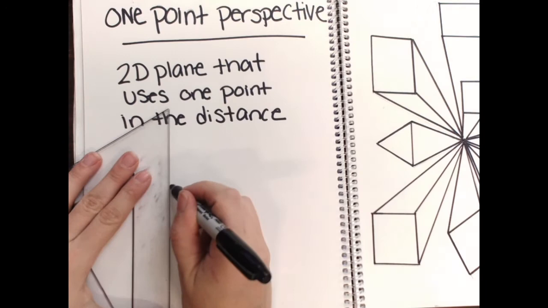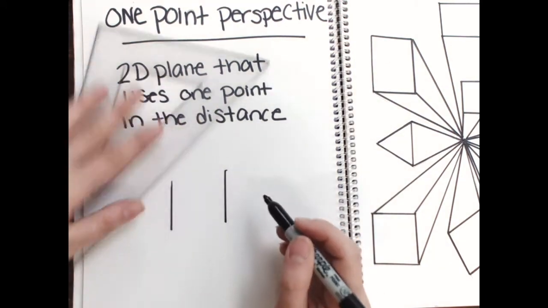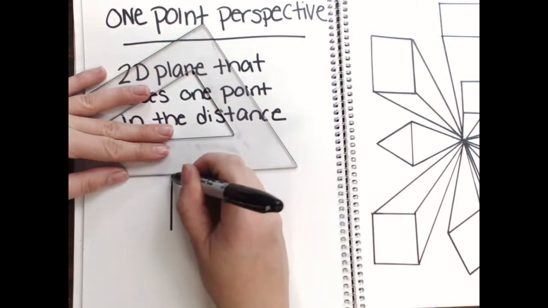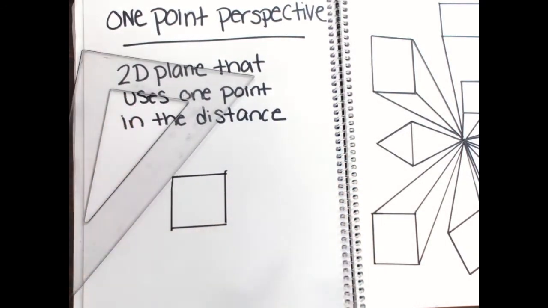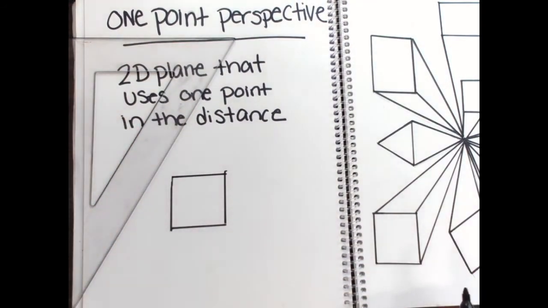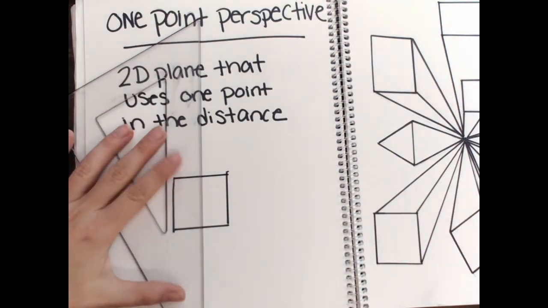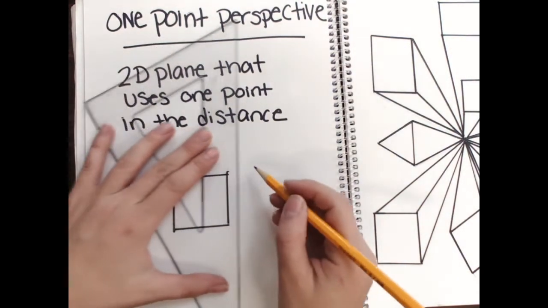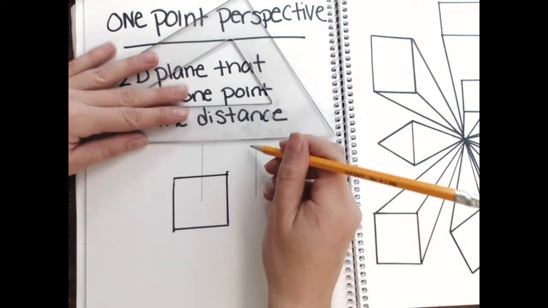So if I make a square, and I make another square. We'll do this one. This time we'll do it in pencil. This time the square has to sit in the corner.